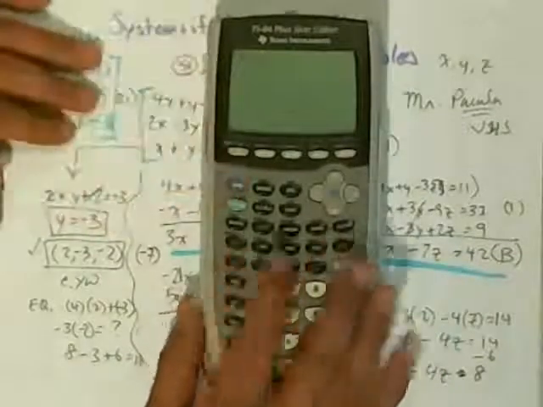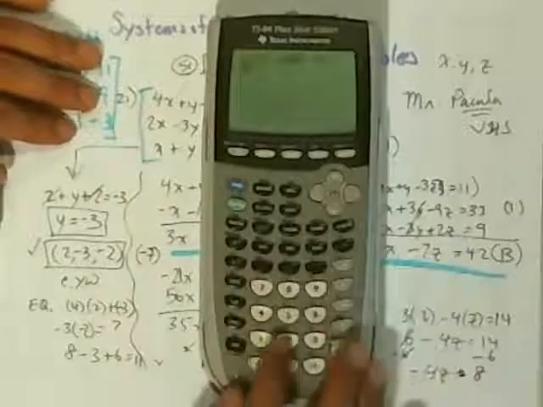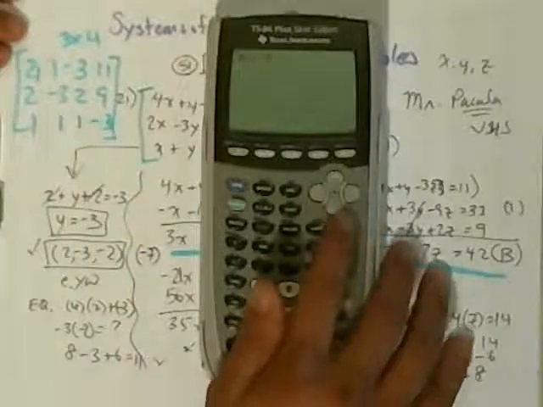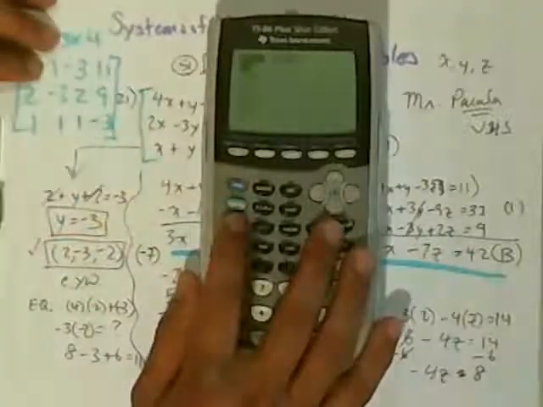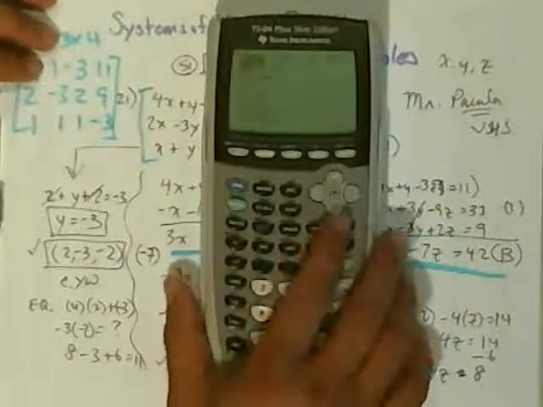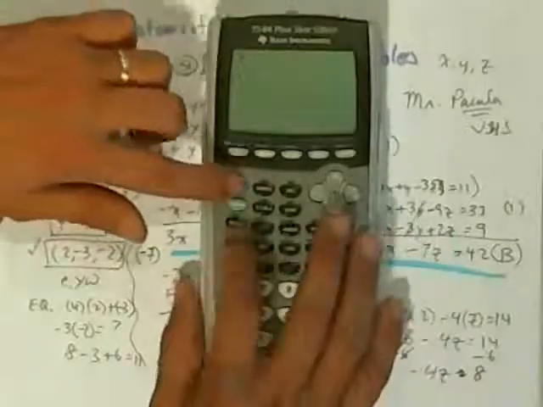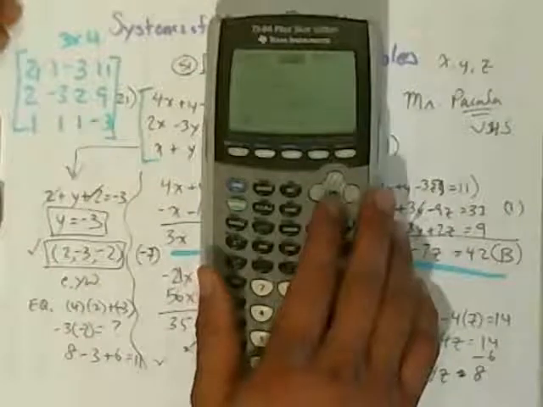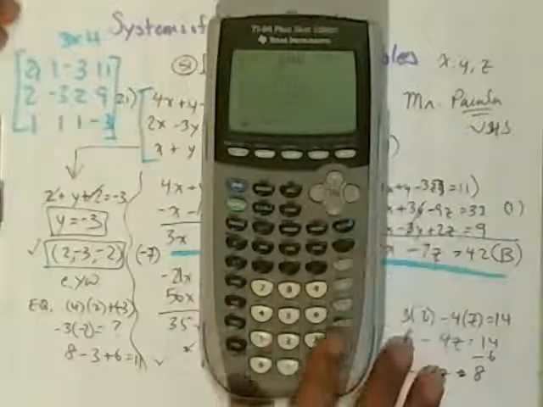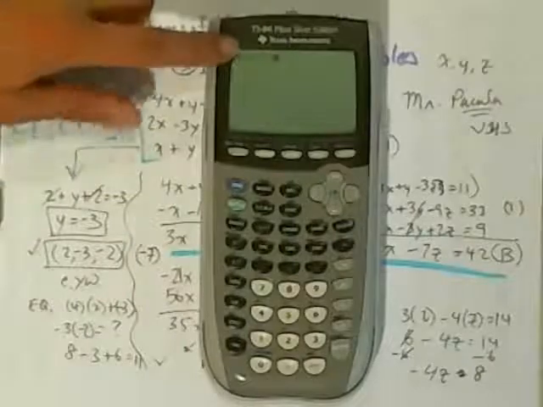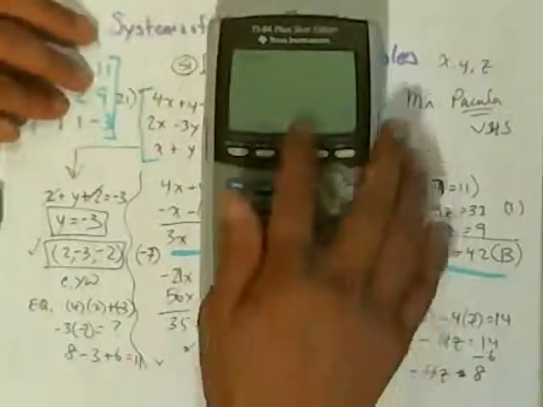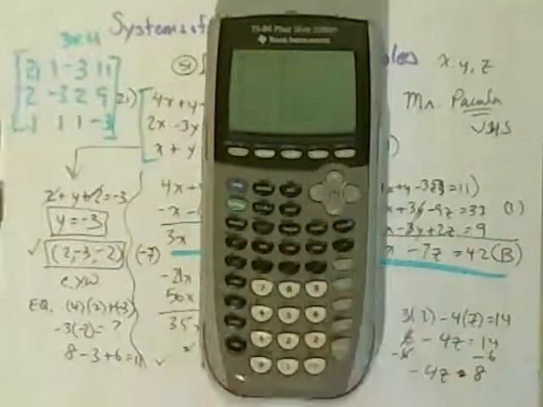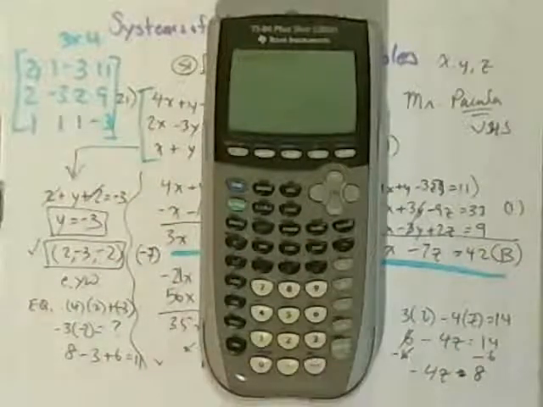Oops. Matrix, math. Whoops. Math. What am I doing? Matrix, math. Oh, it's B. Excuse me. rref, reduced row echelon form, until you scroll down to it. And then I'm going to take the matrix A. There it is right there. Enter.